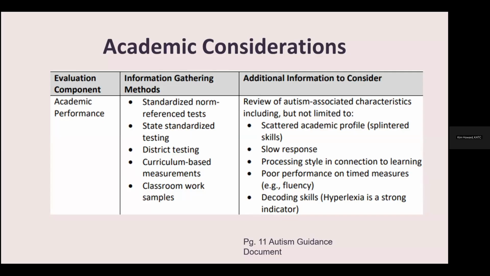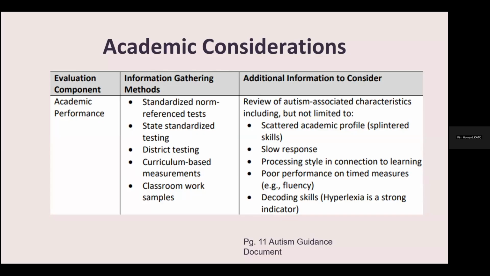Unless we tested their academics, it wasn't super evident. It was evident in that their grades were poor and we knew they had challenges, but we didn't realize how big those challenges were until we actually did some academic performance testing. So consider that as well.